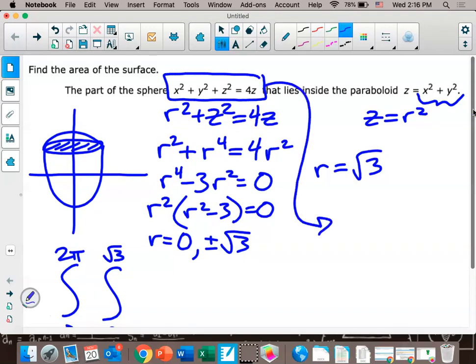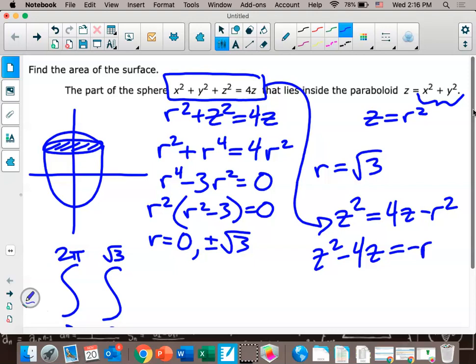So we have z squared equals 4z minus r squared. Z squared minus 4z equals, this is really weird. How do I solve, yuck. Oh!